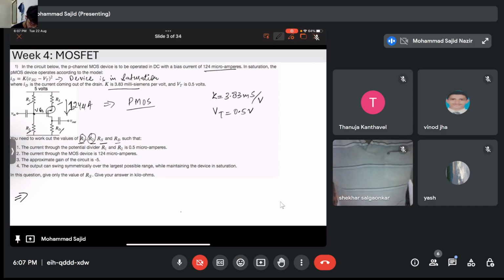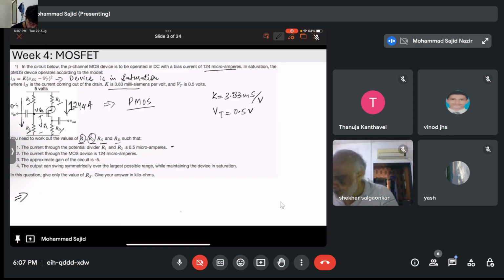Here it is VG. This is ground, so this will be total VG. So we need to follow some steps. One piece of information is that the current flowing through this network is 0.5 microamperes. And we know that the total current through the device is 124 microamperes.